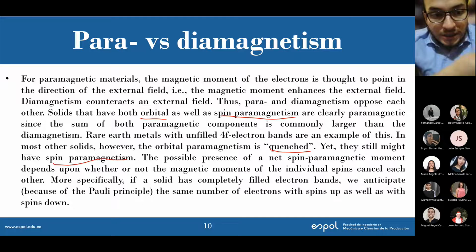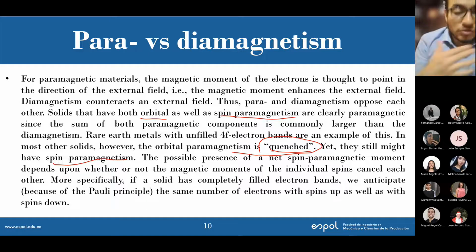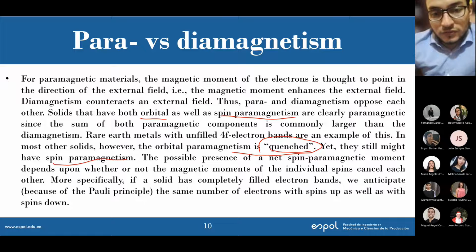Because the spin moments cancel each other, and the orbital paramagnetism is quenched, hindered, and doesn't really contribute to paramagnetism, the material is diamagnetic. That will happen in materials that have complete or filled electron bands, for example semiconductors, insulators, and ionic crystals like salt, sodium chloride.